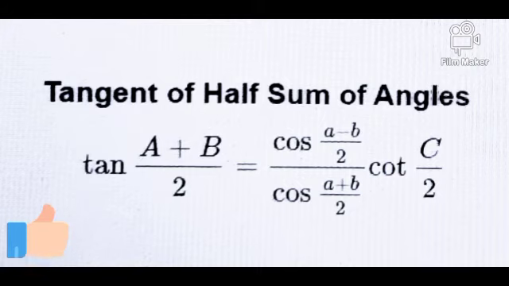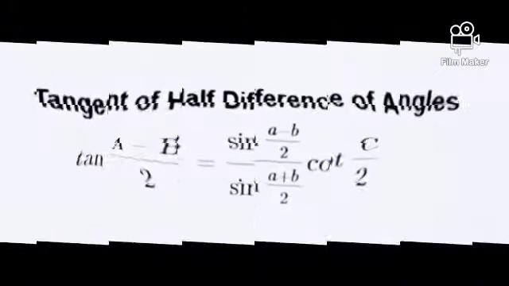If you want the tangent of B plus A over 2, then it should be equal to cosine of small b minus small a over 2 over cosine of small b plus small a over 2 multiplied by cotangent of half of angle C, cotangent of capital C over 2. Again, the angles and the sides should be taken in the same order.